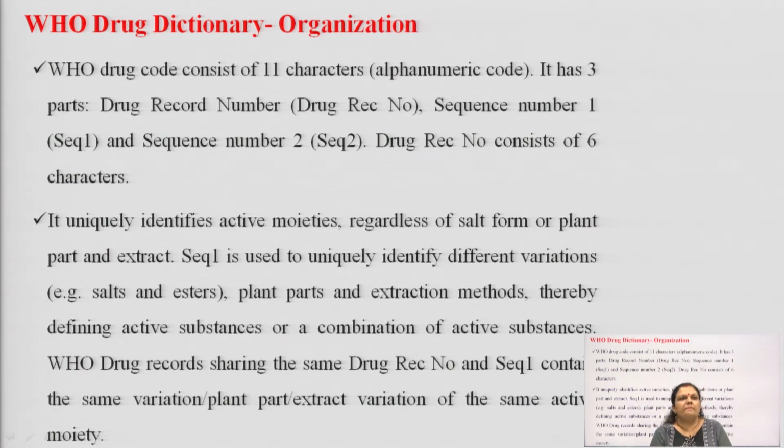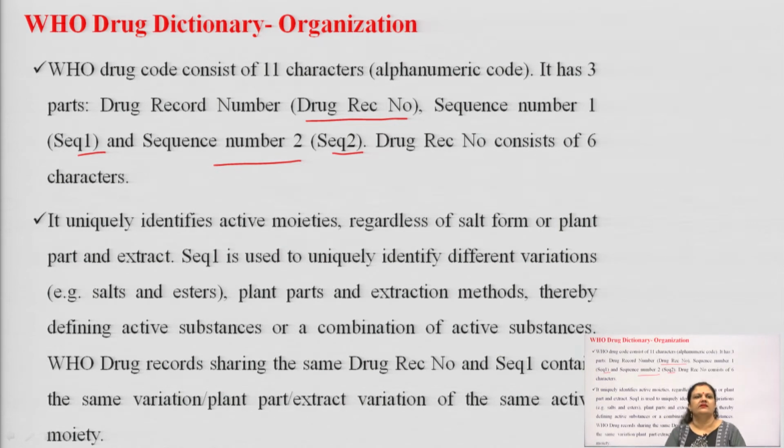The WHO drug dictionary is divided into 3 different parts. The first one is known as the drug record number, or in short drug rec number, which further elaborates information and reference as sequence number 1, in short sequence 1, and sequence number 2, in short sequence 2.